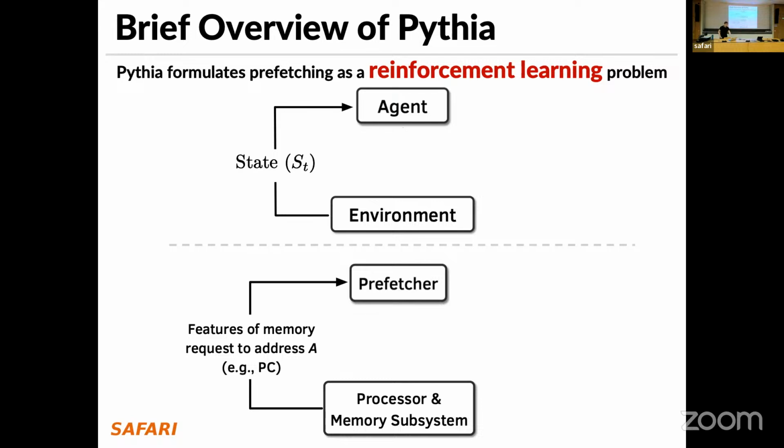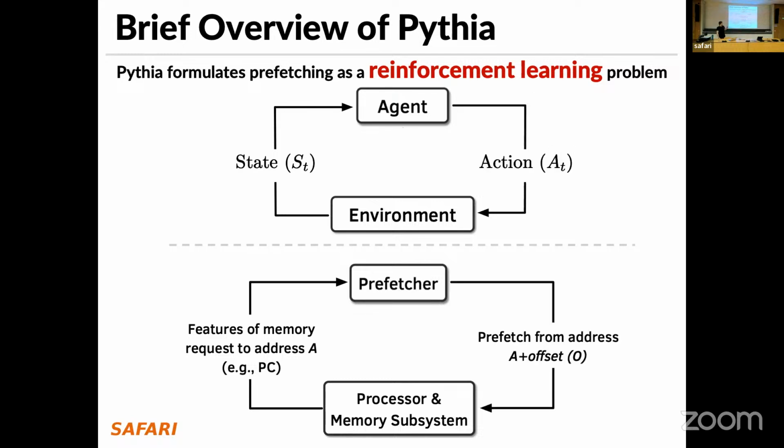So for example, a feature could again be the program counter. And then the concrete action that we're trying to find, so to say, is an offset from the address A that we previously got. That's, let's say, our prefetch. And then the memory subsystem will assign a reward based on how good our prefetch was. That's the reward in the general reinforcement learning sense.